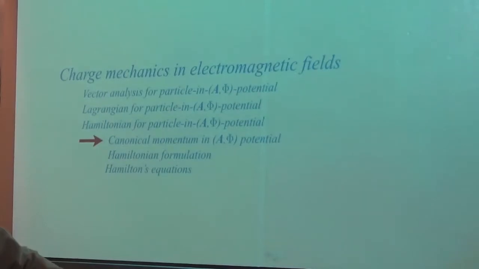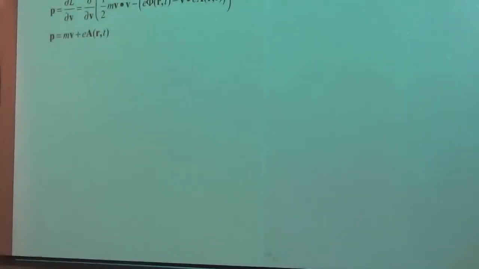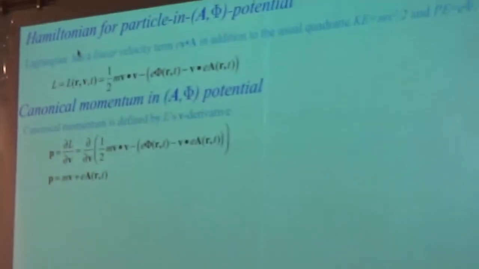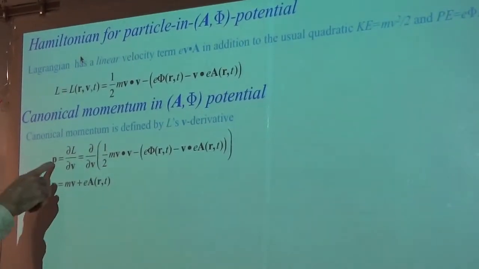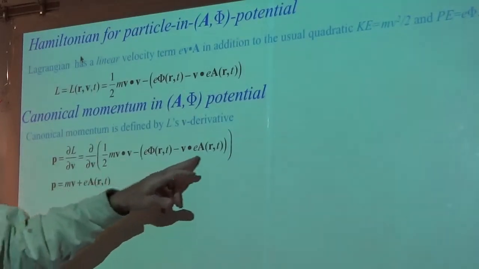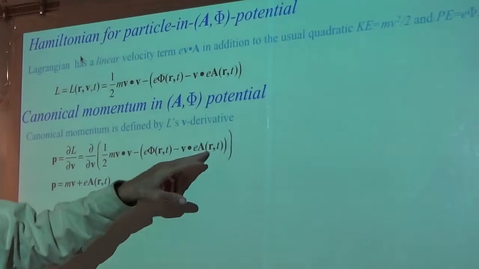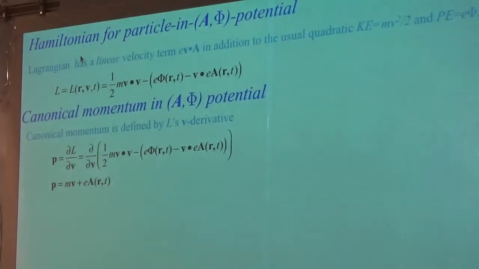Okay. Now, let's look at what it does. If this is a Lagrangian, then the momentum should be the velocity gradient of this Lagrangian. It's now a function of velocity, so let's go for it. It's a very hairy function of velocity with this extra stuff right here. Okay.